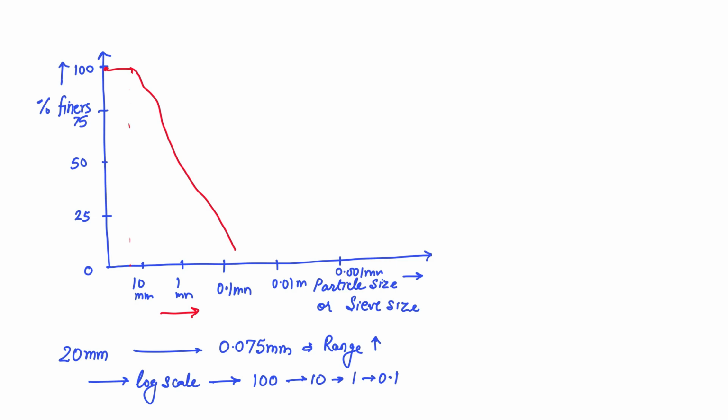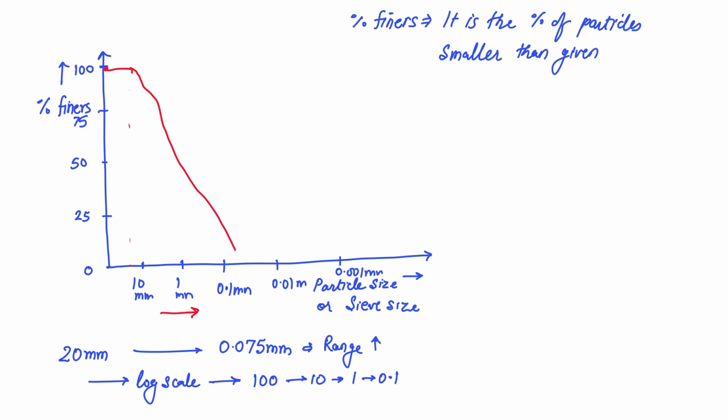Now first of all, let us understand what percentage finer is. As we already learned, it is the percentage of particles of a given soil smaller than the given sieve size. So that is your percentage finer.